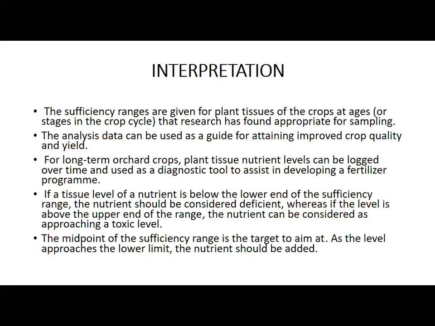We predict or target the yield, and accordingly, a fertilizer program can be developed to achieve the desired production or targeted yield.